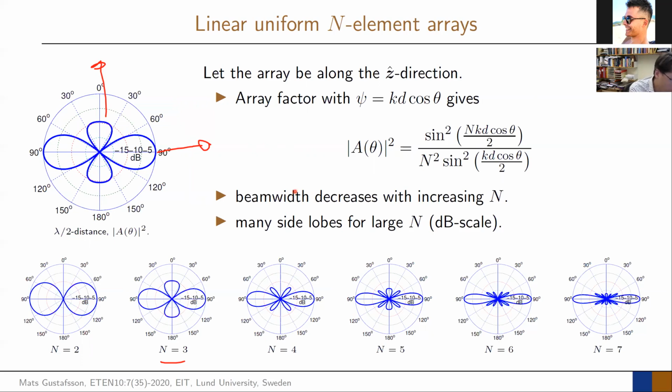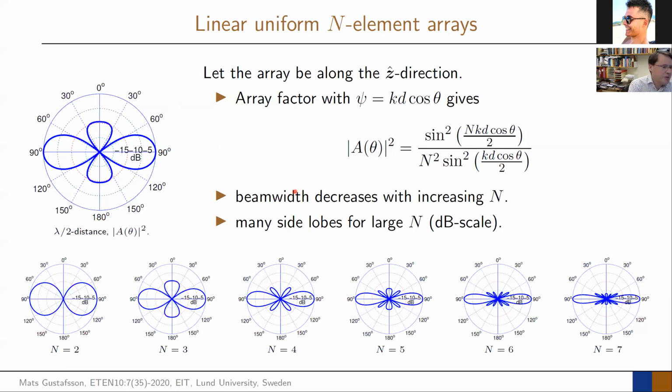You can figure it out from what we learned here, because we say that we have now 3 elements, 1, 1, 1. All of them are separated lambda over 2. So in the z direction, 2 of them will always cancel each other, and you get contribution from 1 of them. So you get radiation from basically 1 point source in the z direction. That is what comes out there.